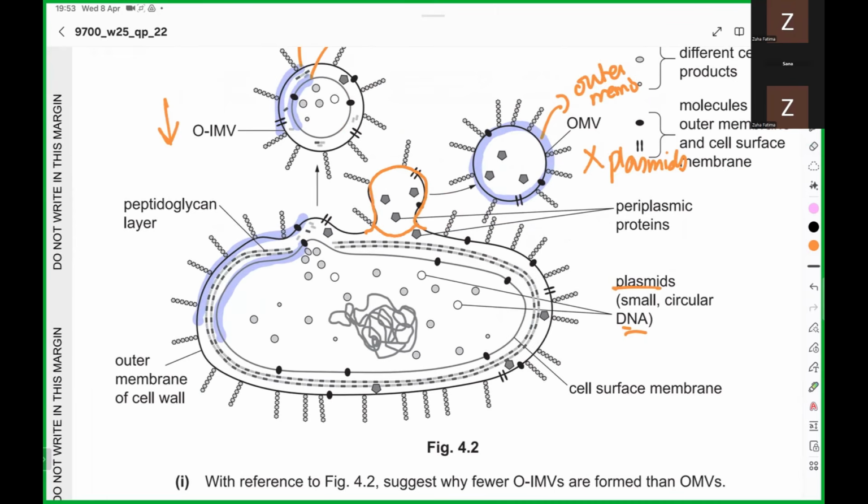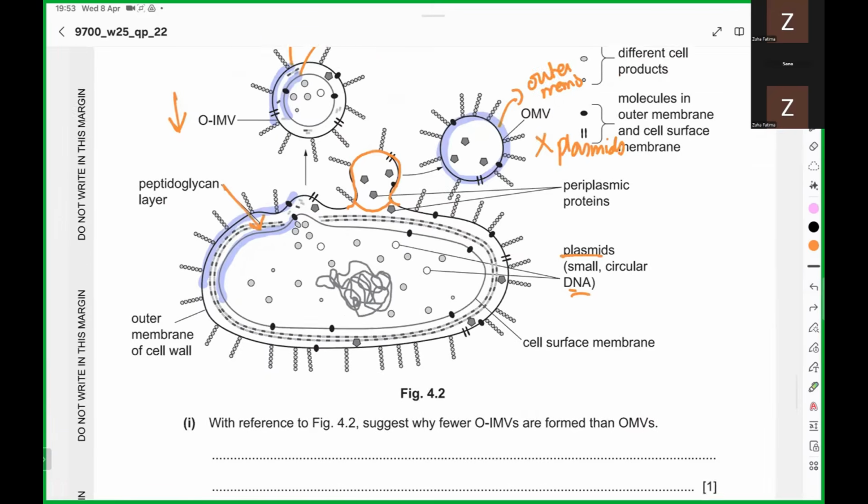On the other hand, OIMV बनाने के लिए हमारे पास सेल्यूलर कंटेंट भी चाहिए, हमारे पास सेल मेम्ब्रेन भी बल्ज करती है, हमारे पास क्या कहते हैं, जो पेप्टाइडोग्लाइकन सेल वॉल है, दिस इज द पेप्टाइडोग्लाइकन सेल वॉल, वो हमारे पास इस पॉइंट पर ब्रेक भी करेगी एंड इवेंचुअली फिर उसके बाद OIMV बनेगा. So forming an OIMV is a comparatively more complex process because the cell membrane as well as the outer membrane has to bulge, and cell components also have to be a part of the OIMV.